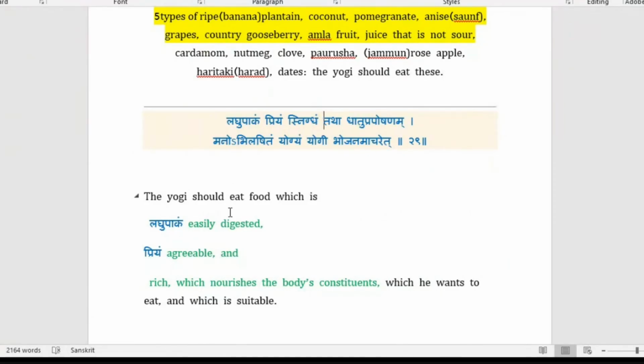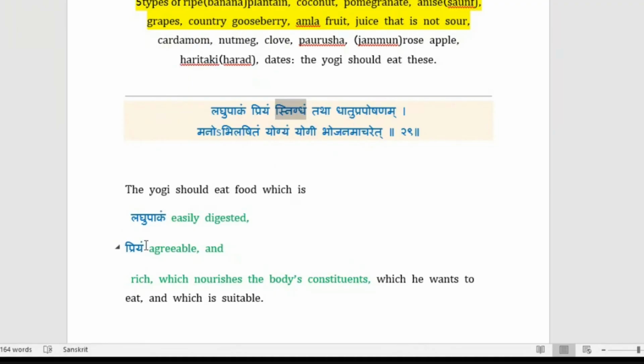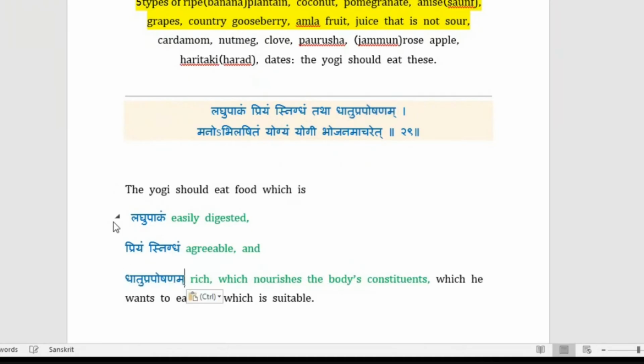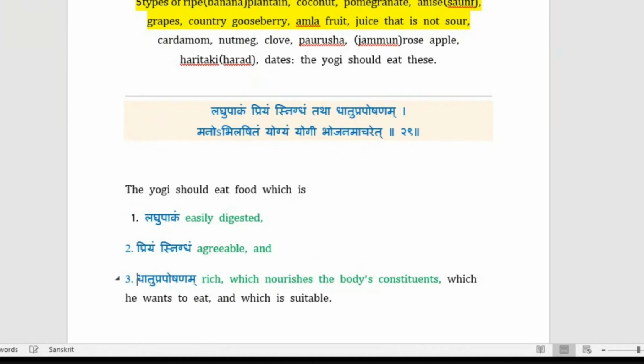Now tell me one by one. Ruchi ji, how should the food be? You can tell me either the Sanskrit words or Hindi. Yes, ma'am. Laghu pakam, snigdham, dhatu poshanam. Very good. Nidhi ji? Laghu pakam, easily digested; priyam snigdham, agreeable; and dhatu poshanam, very rich. Good. Sukanya ji?